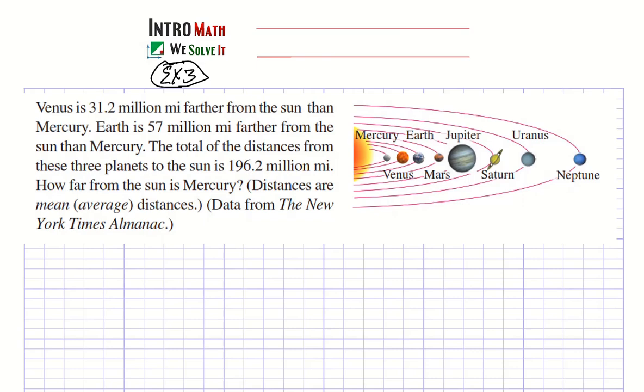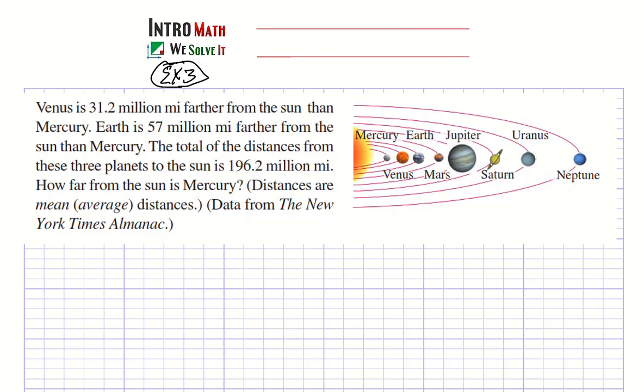And then it says Earth is 57 million miles farther from the sun than Mercury. The total of the distance from these three planets to the sun. So don't let the sun confuse you. Sun is not any variable there. The variables will be Venus, Mercury, and the Earth.